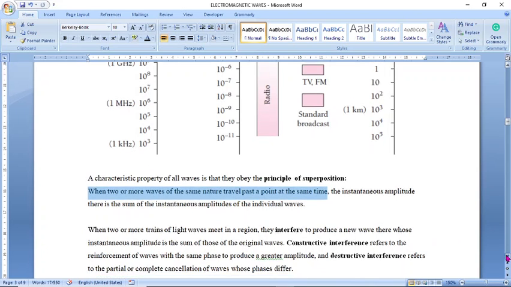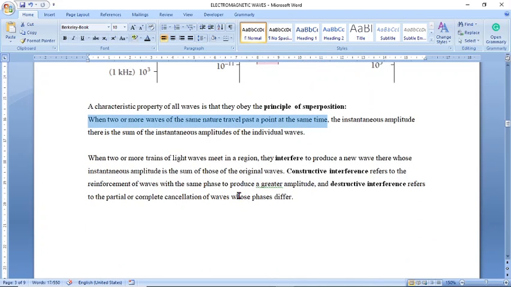When two or more trains of light waves meet in a region, they interfere to produce a new wave, whose instantaneous amplitude is the sum of those of the original waves. And interference എന്ന് പറയുമ്പോൾ നമ്മൾ പഠിച്ചിട്ടുണ്ടായിരുന്നു constructive interference, which refers to the reinforcement of waves with the same phase to produce a greater amplitude.